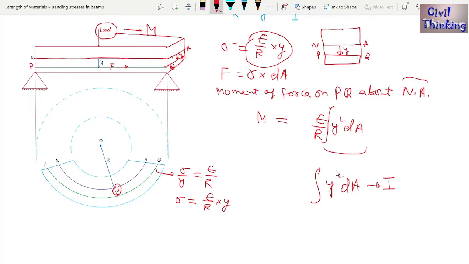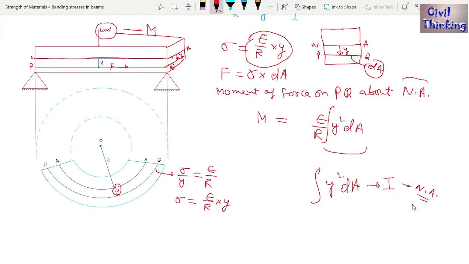Now we did this integration of y square dA. dA is what? The area of this layer. When we integrate it, it will give the second moment of area of all the layers about the neutral axis. This is the moment of inertia about the neutral axis.